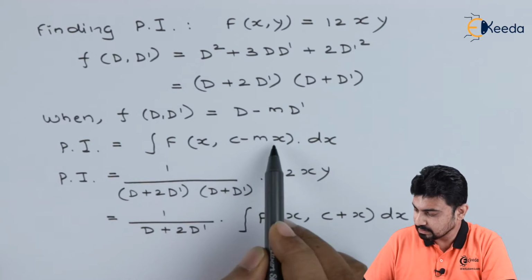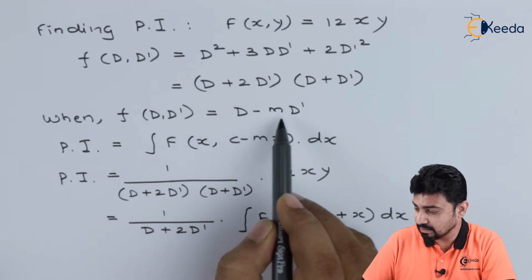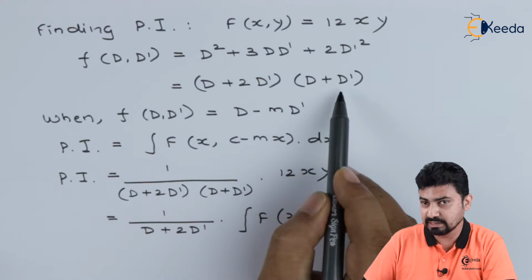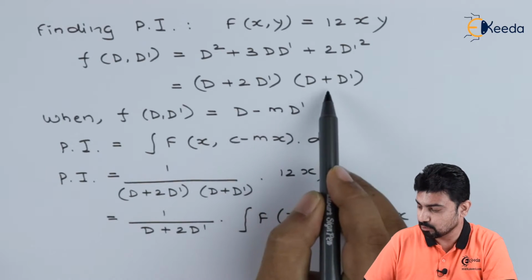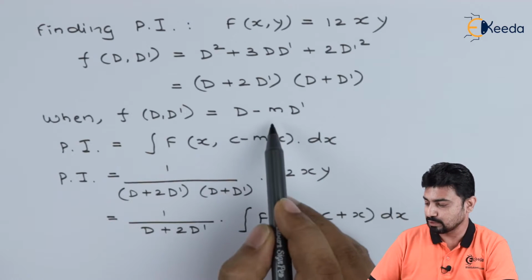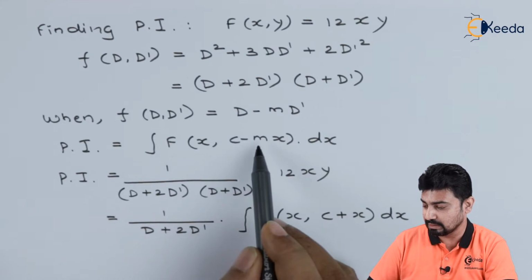Comparing D minus mD dash with D plus D dash, we will have m is equal to minus 1. Hence, we have substituted m is equal to minus 1 in this.